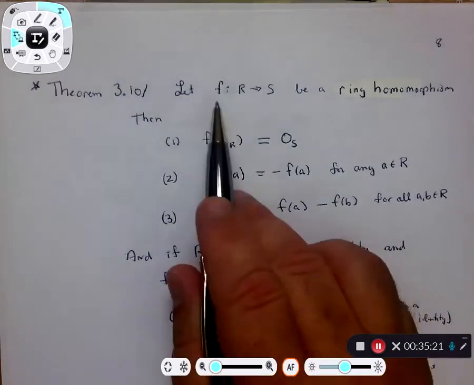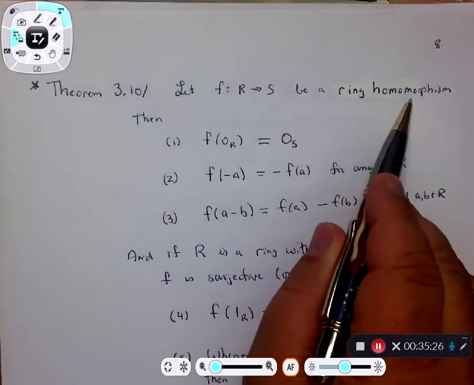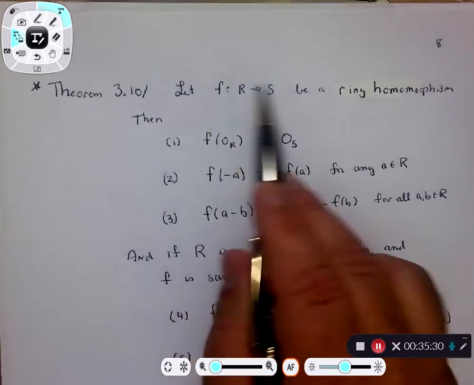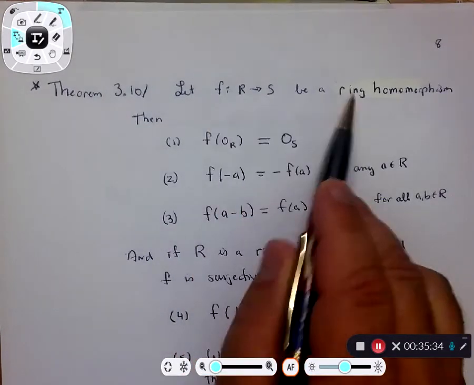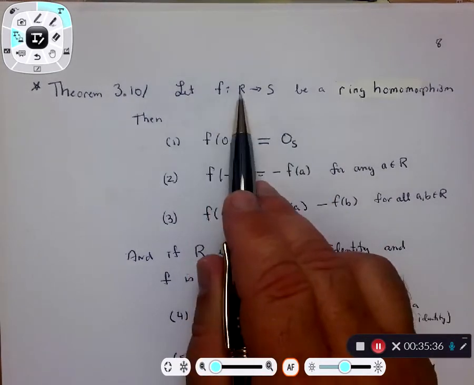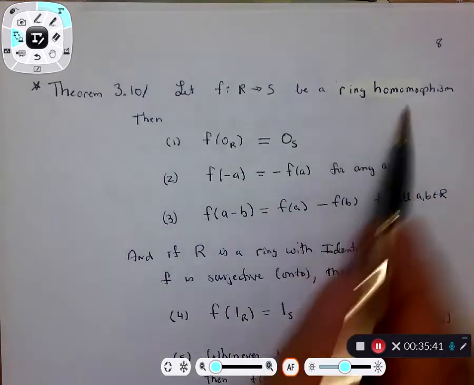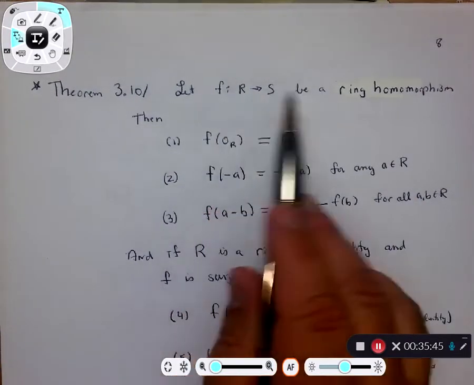When you call a function a ring homomorphism, that tells you like three things. One, f is a homomorphism. It also tells you that R and S are actual rings. So when I say f goes from R to S be a ring homomorphism, that speaks volumes, and all I have to write down is two words. So f is a homomorphism, R and S are rings.